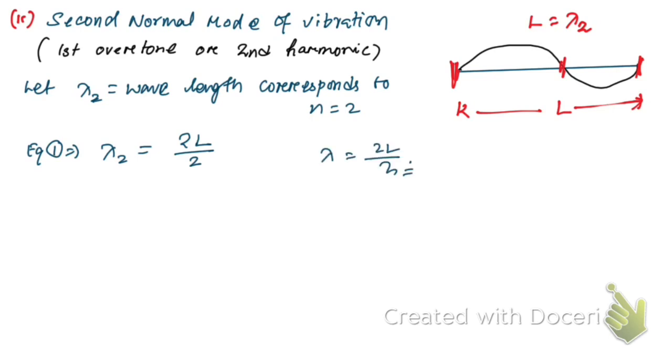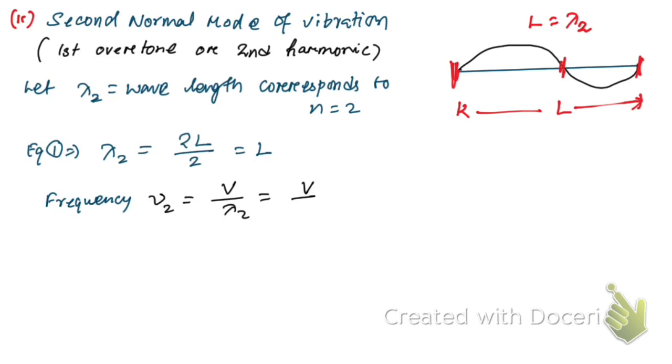So now n is equal to 2, so lambda 2 will be 2L by 2, which is going to give you L, right? So here lambda 2 is equal to L, and frequency nu 2 is going to be equal to again v by lambda 2. Lambda 2 is L here, so nu 2 is equal to v by L. That's what we're going to have.